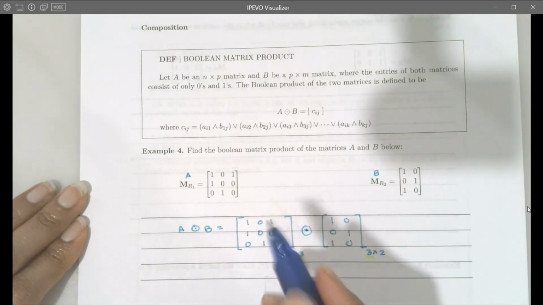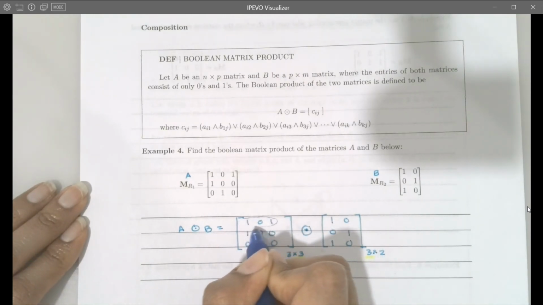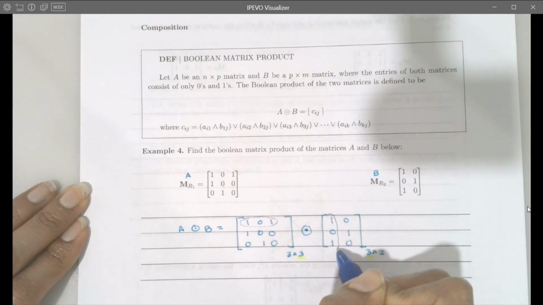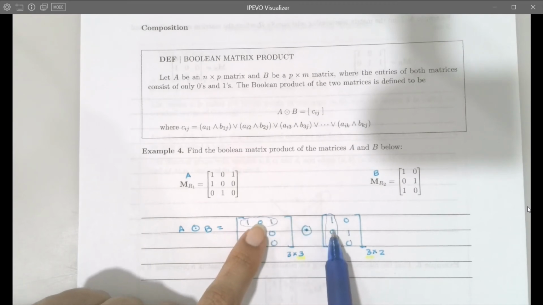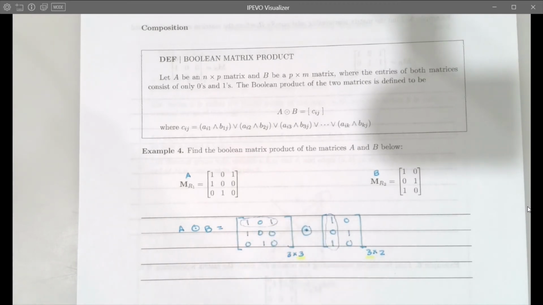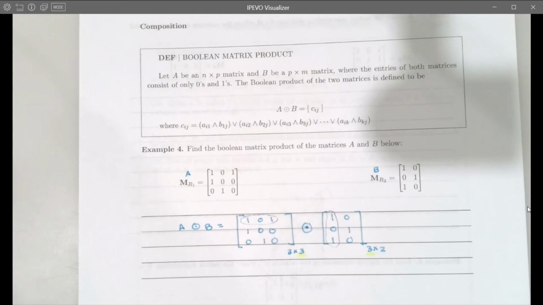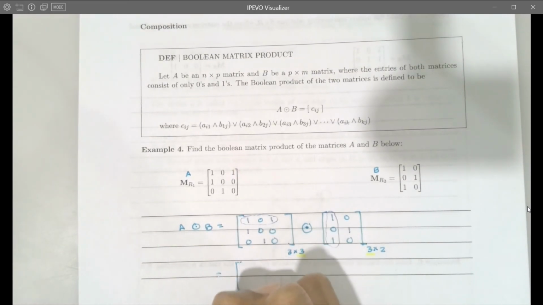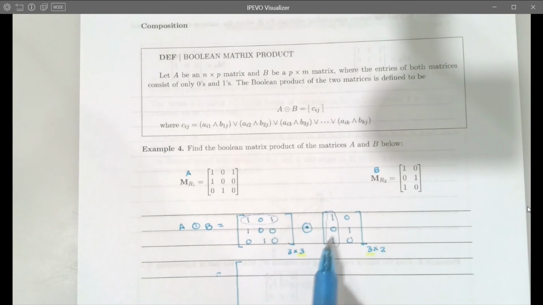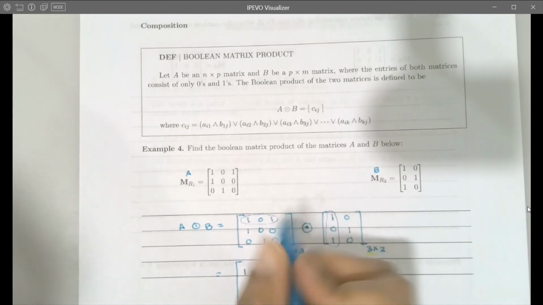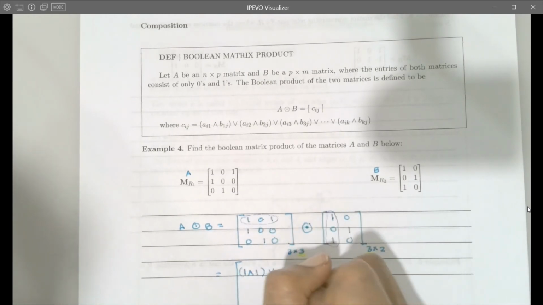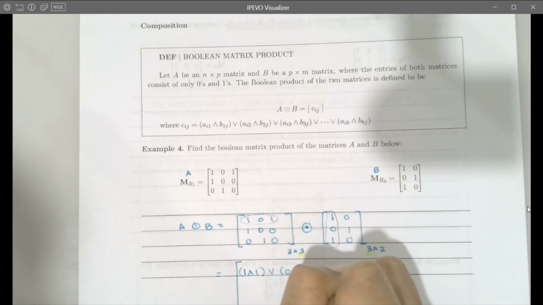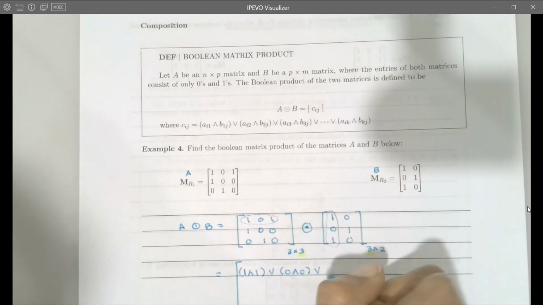What we do is we actually take the first row with the first column, and we take the conjunction of the entries and then the disjunction of the result. So what I mean by that is the following. In order to get the first row, first column, we take 1 conjunction with 1, or 0 conjunction with 0, or 1 conjunction with 1.